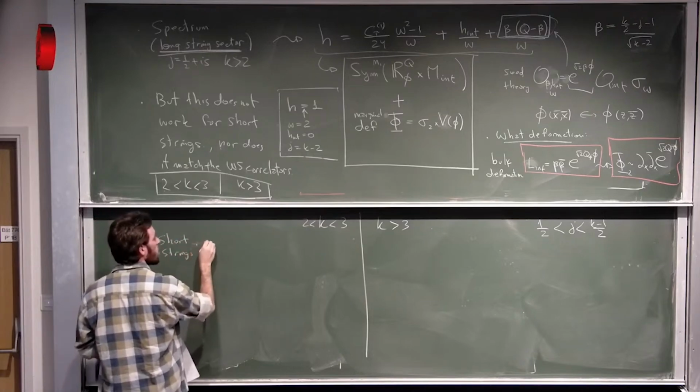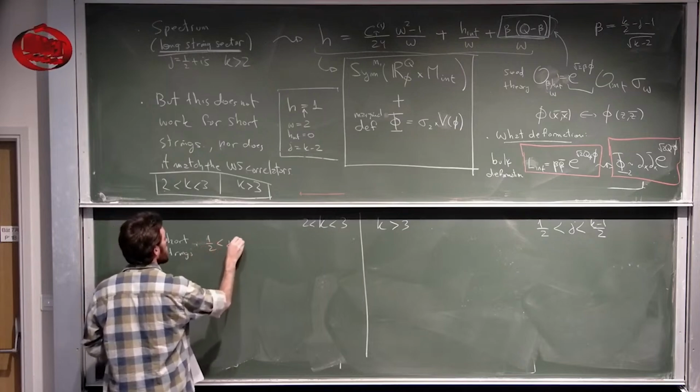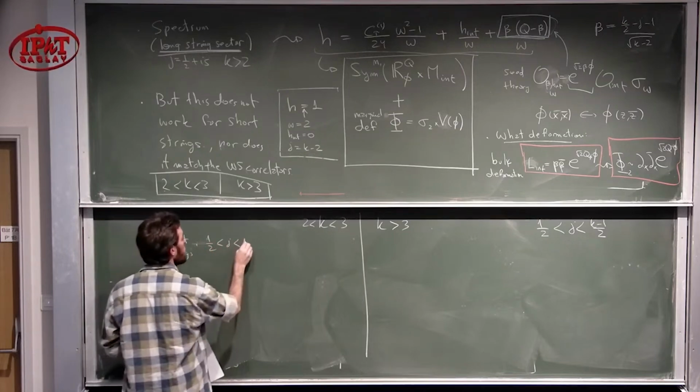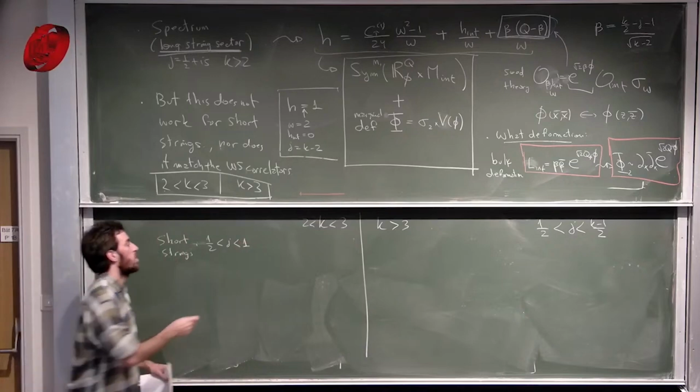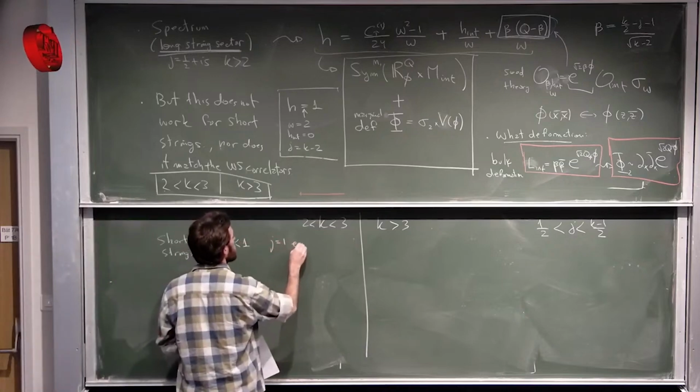is 1/2 minus j smaller than 1. So in particular, j equal 1 is excluded.